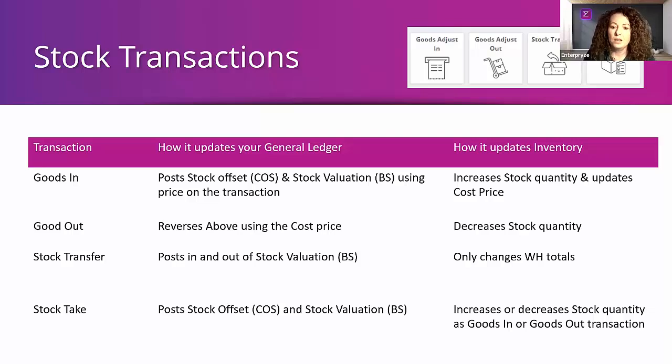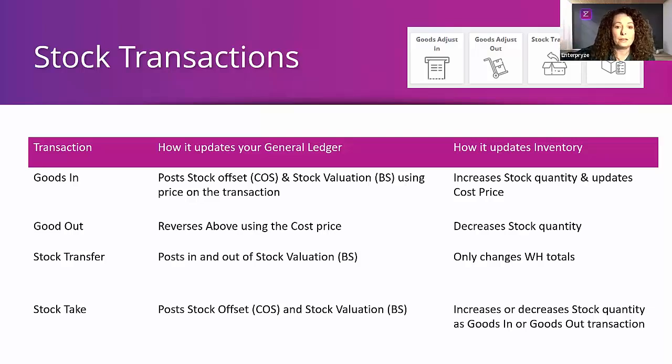Stock take. So I did mention that if you increase or decrease, depending on your stock differences, there will be a resulting goods in or goods out transaction. And of course, again, what are the effects on your accounting modules? So again, we've got our stock offset, which is our stock adjustments GL account. And don't forget, this is all at item group level.